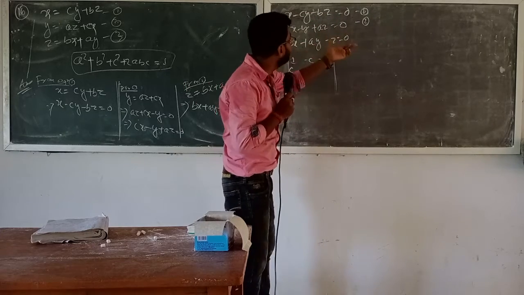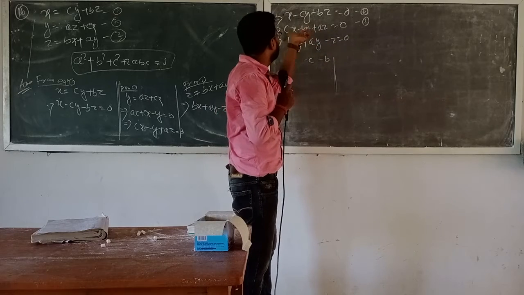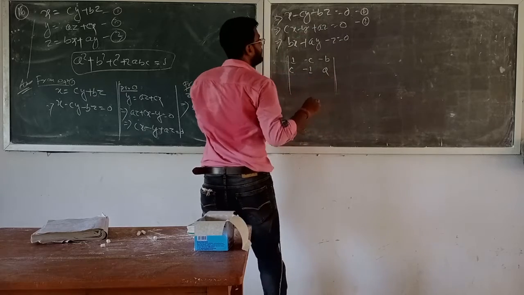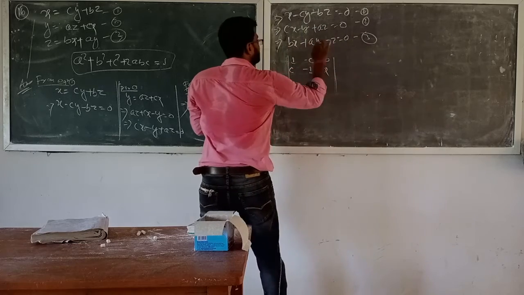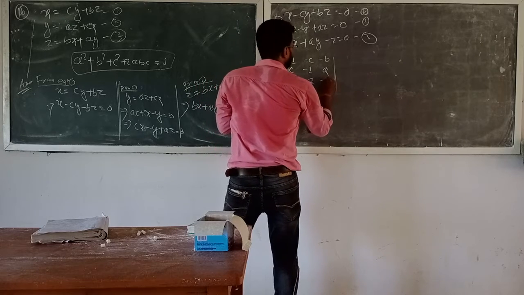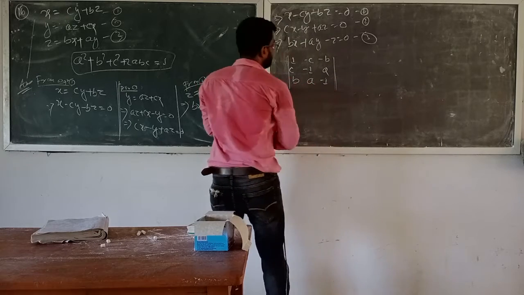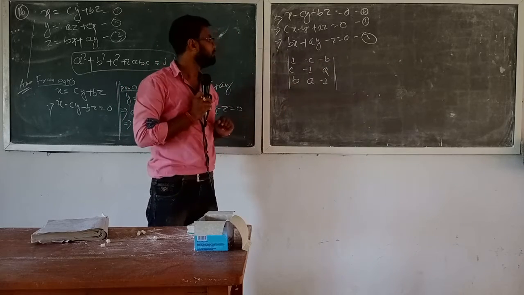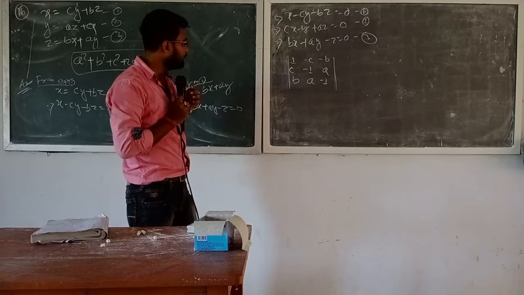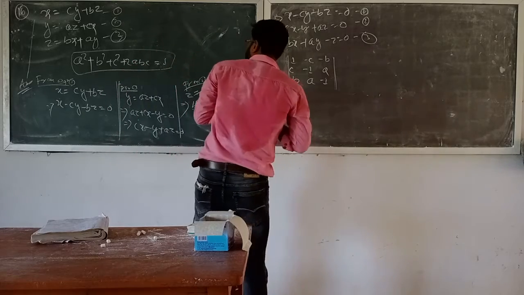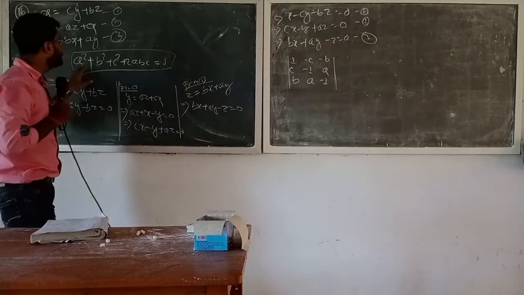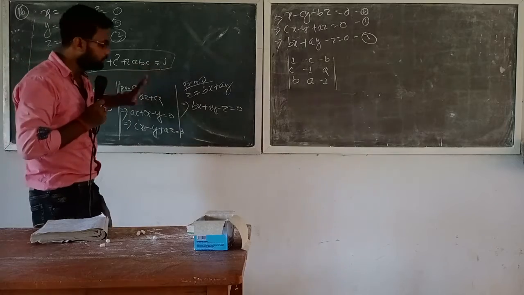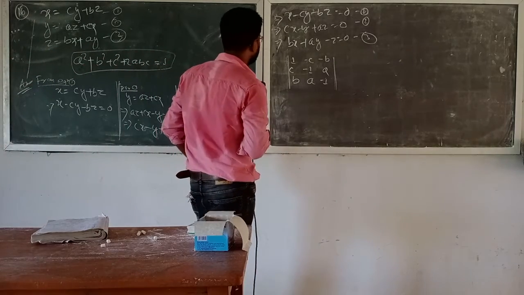From equation 2, the coefficients of x, y, z are c, minus 1, a. In equation 3, the coefficients of x, y, z are b, a, minus 1. You can write this down as a determinant. Now we can prove that the determinant value is equal to a square plus b square plus c square plus 2abc, which is equal to 1.